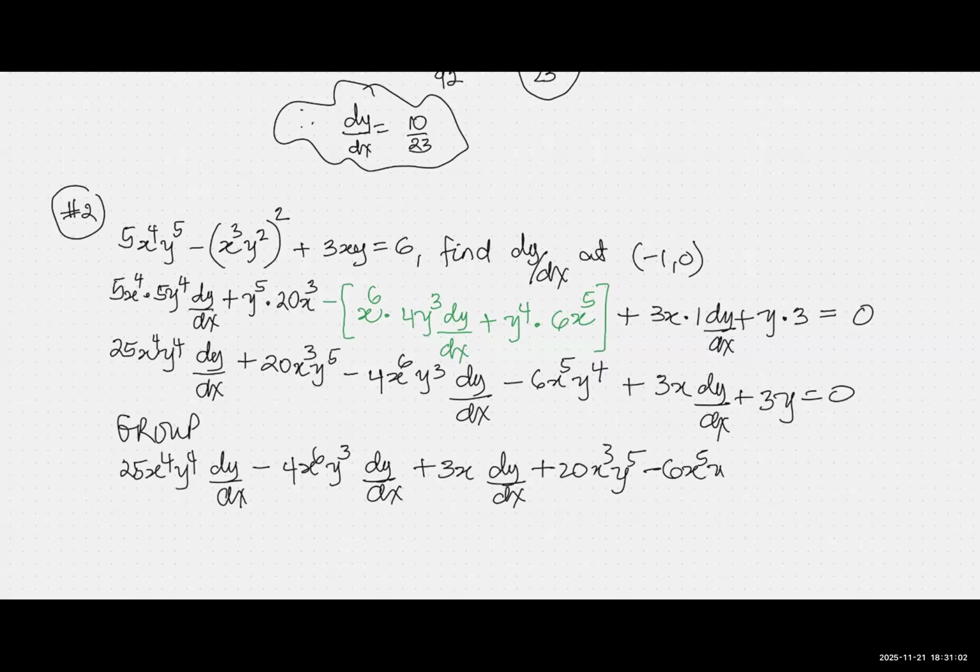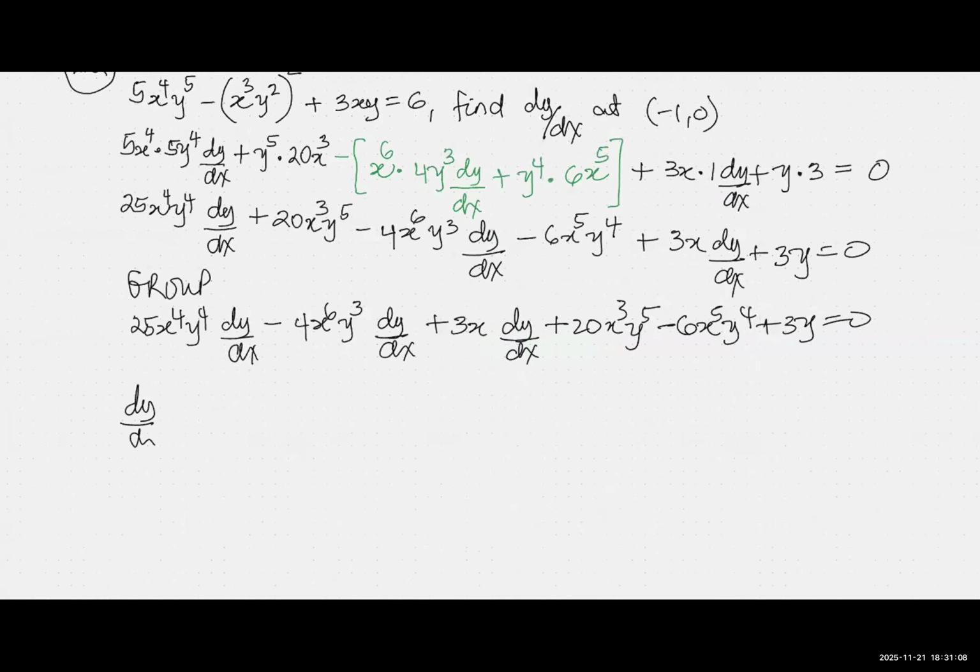Then I'm factoring out my dy by dx to be left with 25x to the fourth, y to the fourth, minus 4x to the sixth, y cubed, plus 3x, and then plus 20x cubed y to the fourth plus 3y equals 0. You recognize that the differentiation finished here, so it's just algebra that I'm working with now.